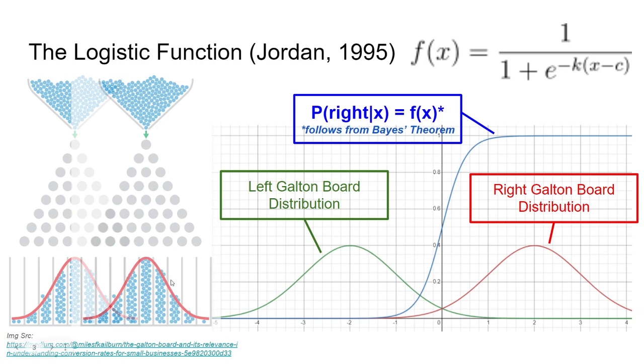If we have two of them together and we take one of these bins, which is our x value, what is the probability that a ball in this bin came from the right container, given x? Following Bayes' theorem, this directly leads us into the logistic function, and thus we can interpret it as the probability of an event happening.